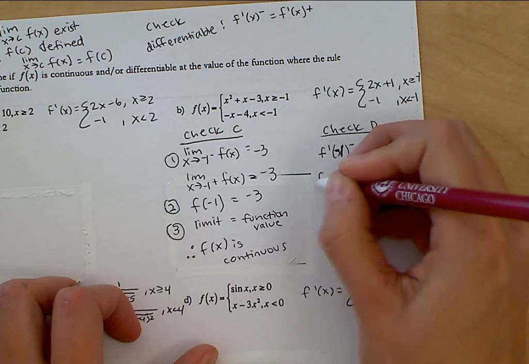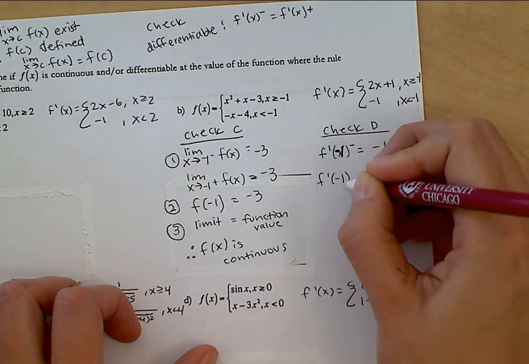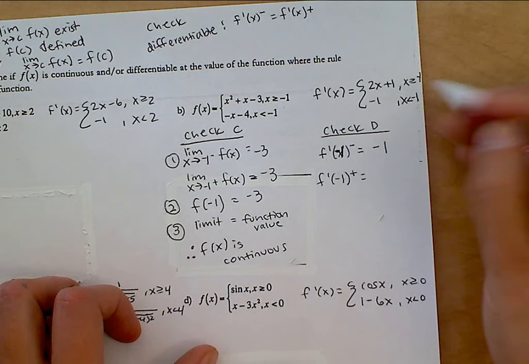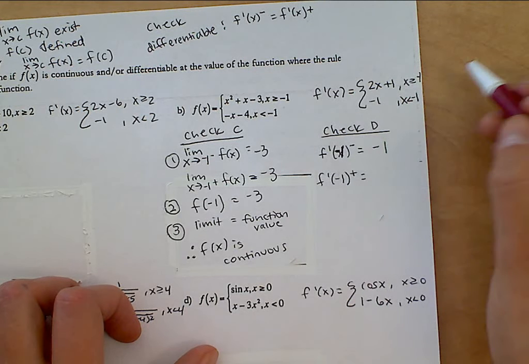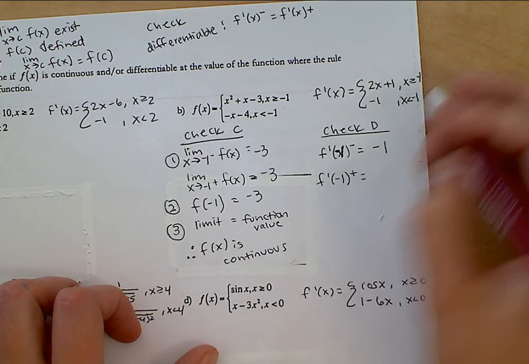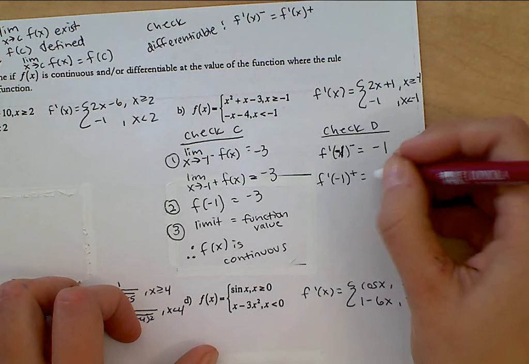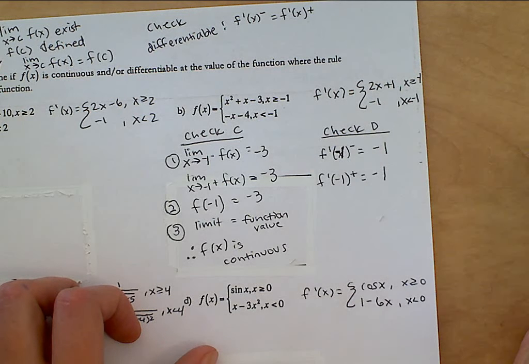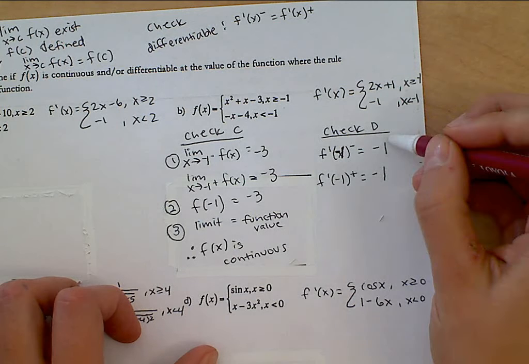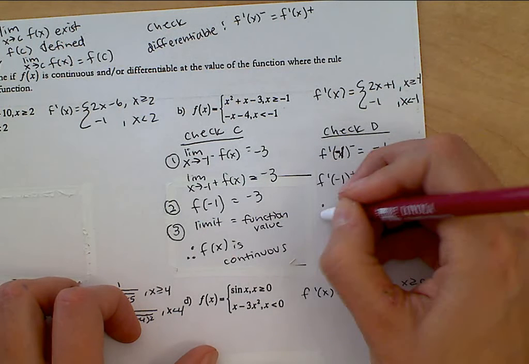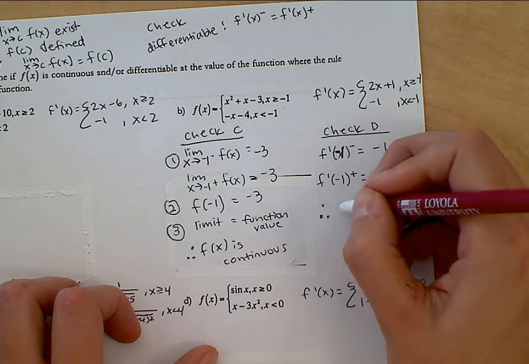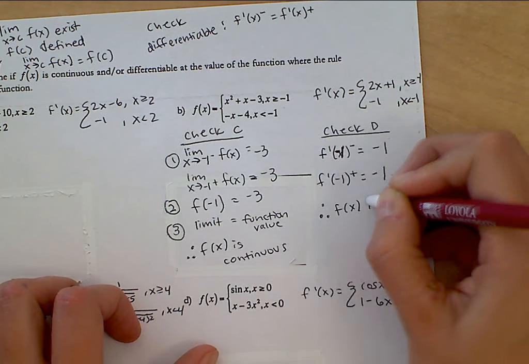Then the derivative when x is equal to -1 from the right, I use this top function, and I would also get -1. Because the left and the right slopes are the same and it's continuous, therefore f of x is differentiable.